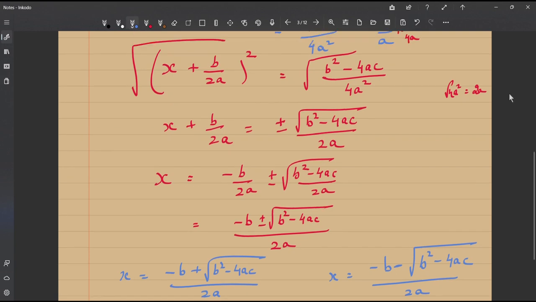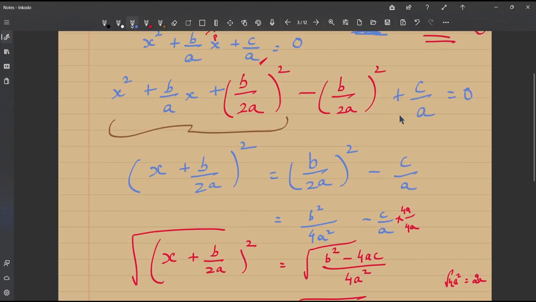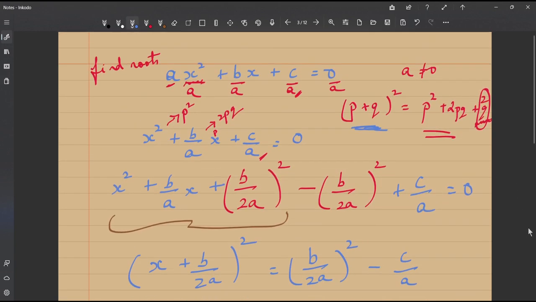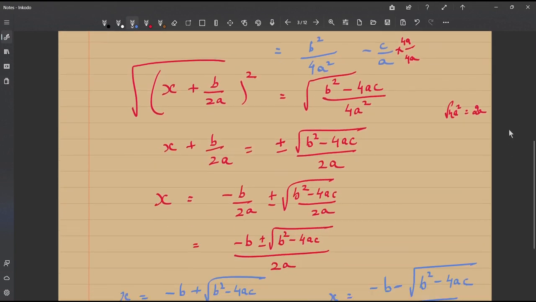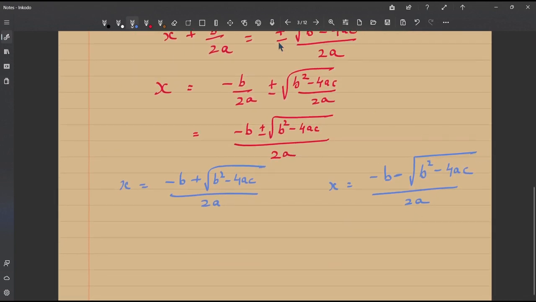We did all of this using the completing the square method, and we have derived the quadratic formula, the very famous quadratic formula, just like any other problem we have done. I hope you understood. Thank you.